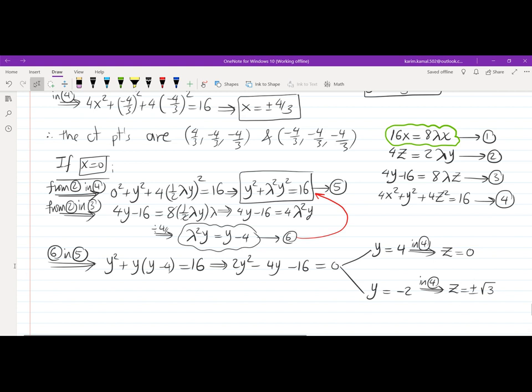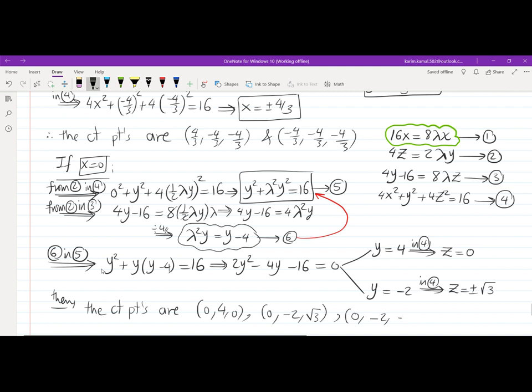Then the critical points are 0 and 4 and 0, 0 and negative 2 and root 3, which is this one, and 0 and negative 2 and the negative root 3.